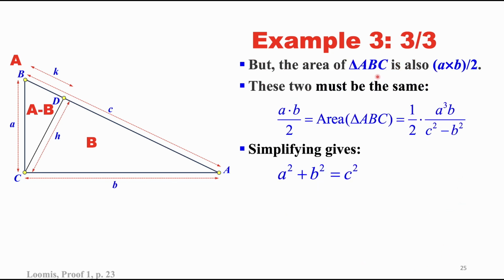However, the area of ABC is also a times b divided by 2. That is obvious. These two areas must be equal. Then, after very simple simplification, we have the Pythagorean Theorem. So, we finish the third example with our method.